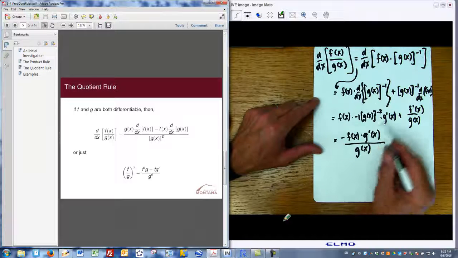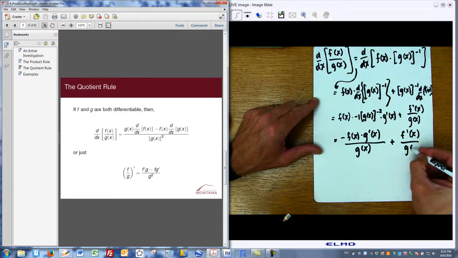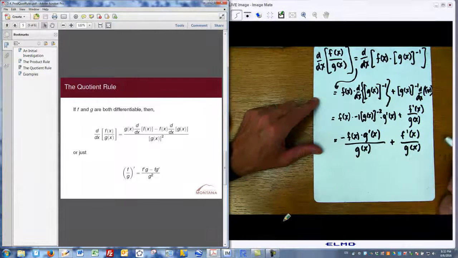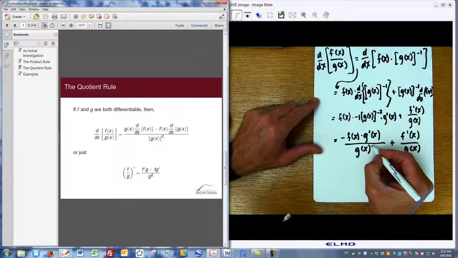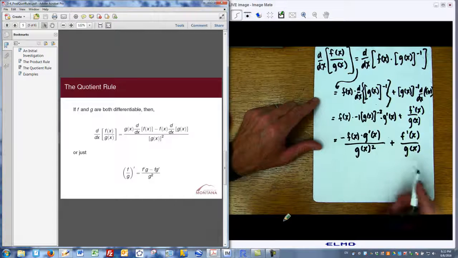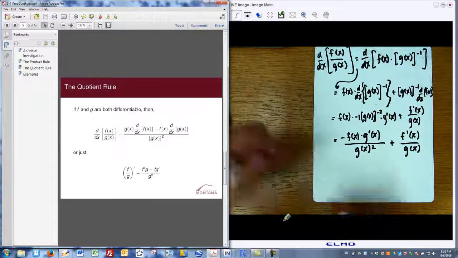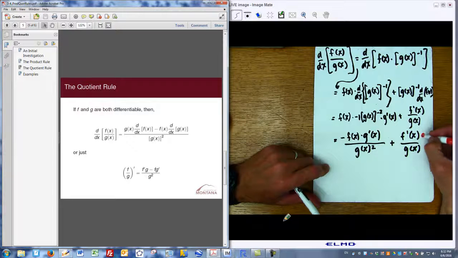So this is what I have for this term, and this is what I have for the second term, I guess second quotient. And it appears that, oh, I missed a square there because this is to the negative 2 power. So it appears that I need a common denominator, and the way I could get that really quickly is just to multiply by g of x top and bottom.